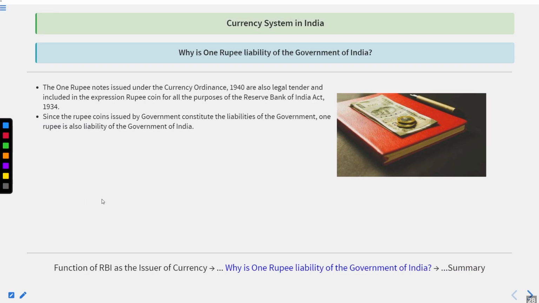Now, why is 1 rupee a liability of the Government of India? The 1 rupee note issued under the Currency Ordinance 1940 is also legal tender and included in the expression rupee coin for all the purposes of the Reserve Bank of India Act 1934.